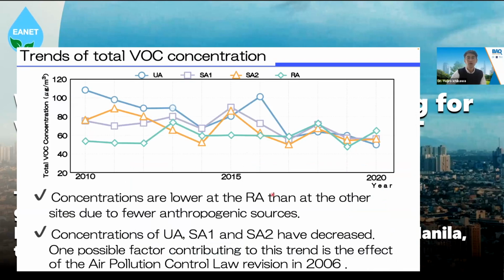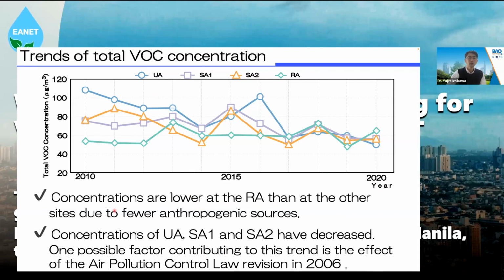Okay, I will move on to the results. Total VOC trends: total VOC concentration is the sum of the 100 VOC components. You will see the trends at the 4 sites in a line graph from year 2010 to year 2020. From this figure, I can say that the concentration is lower in the rural area than at the other sites.